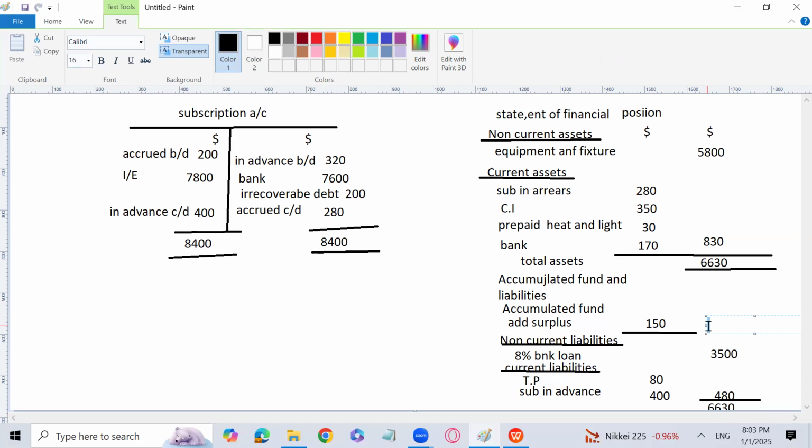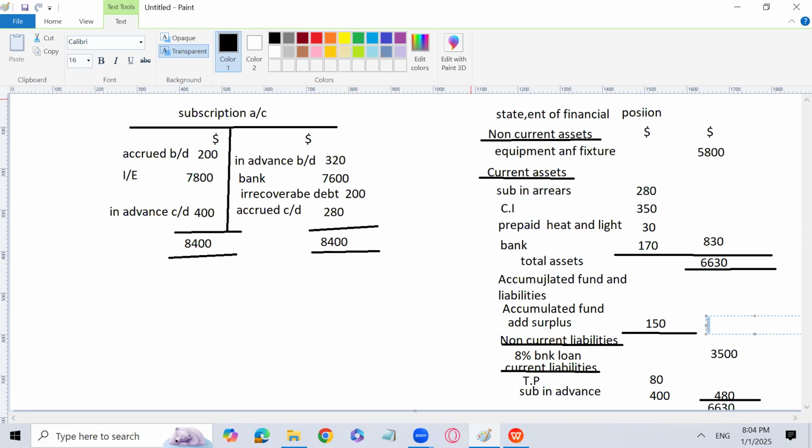You will get the amount of accumulated fund in total. So what is going to be the amount? If you can calculate for me, 6630, that is 2650.